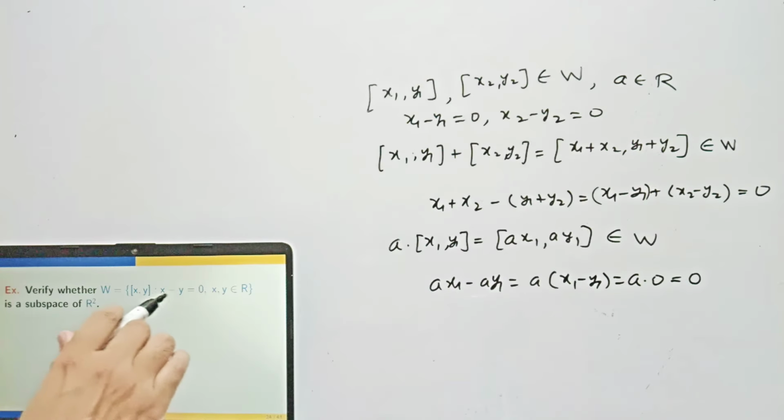So you need to note down the characteristic of the members in the given set W. Accordingly, you need to verify the properties.